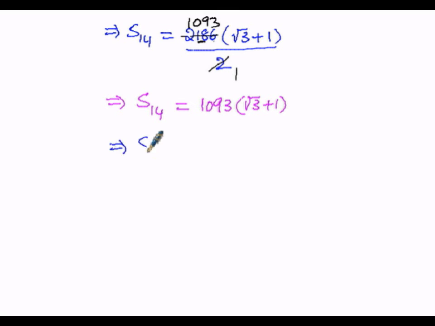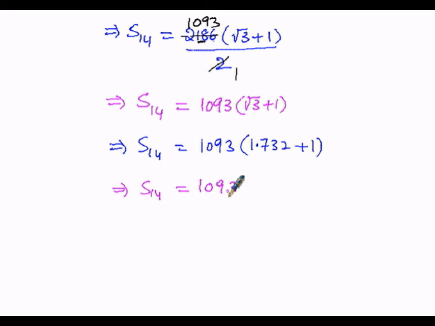S of 14 equals 1093, where root 3 is replaced by 1.732, then plus 1. The next logical step: S of 14 is 1093 into 1.732 plus 1.